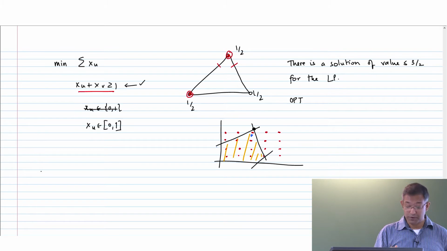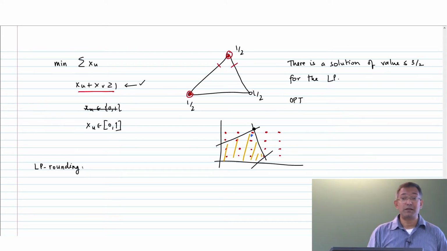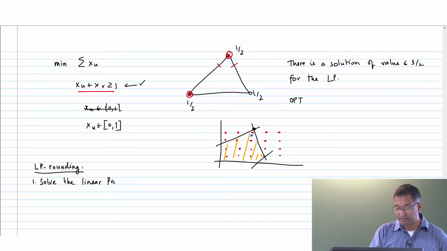So, therefore, what we will do is a technique called LP rounding. The technique is this: solve the linear program, which we know we can do in polynomial time.